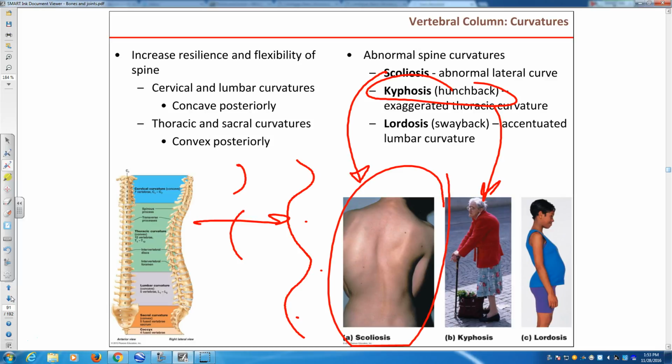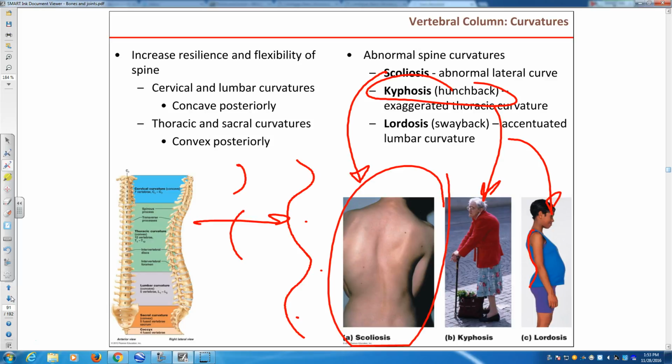And lordosis. It's a common condition in pregnant women. That's just the way they compensate for increased mass on the front. So that's what they develop when they have to carry a growing fetus. So lordosis, yes. Yes, they go back to normal after they have the baby.